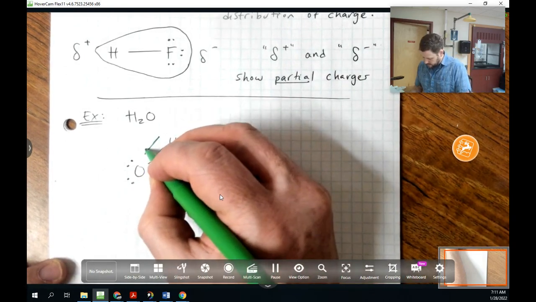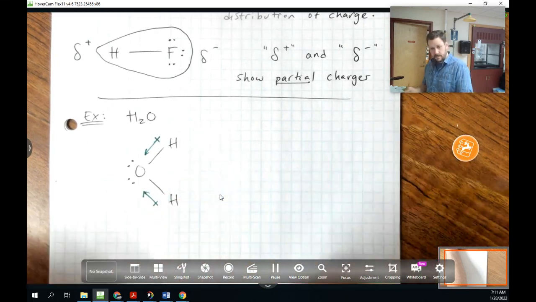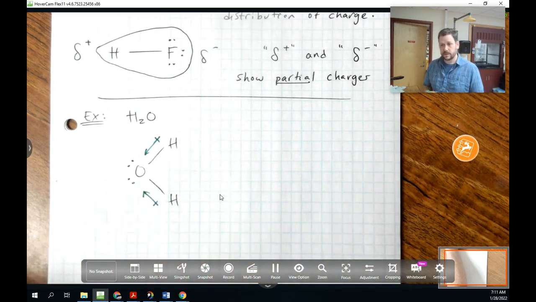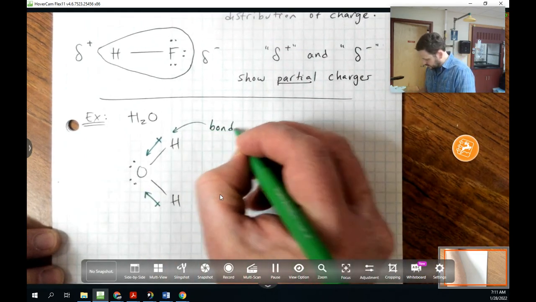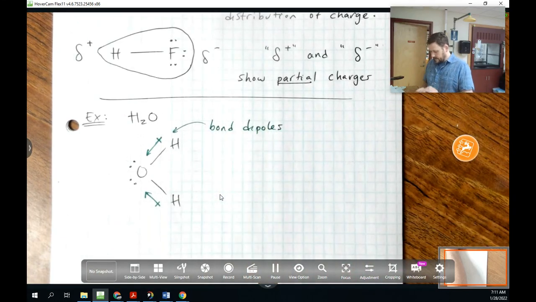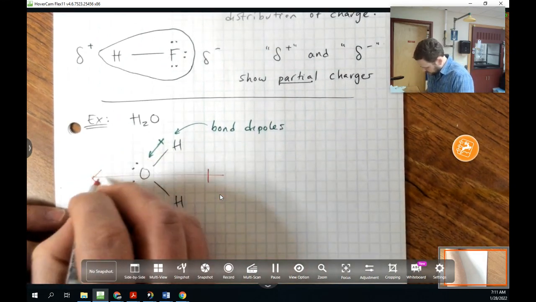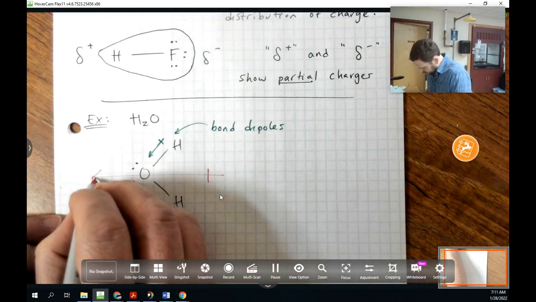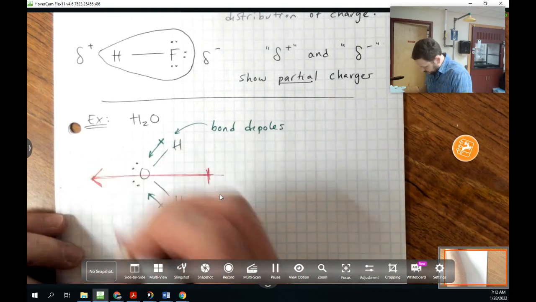I'm going to draw a bond dipole here and a bond dipole here. And it should make sense that my bond dipoles are pointing towards oxygen, because oxygen is more electronegative, and it's also where the electron density is. And so, just to be clear, those are bond dipoles. But I'm also going to, with a red pen, or maybe if you're just using one color of pen, make a large dark line here that represents the molecular dipole.